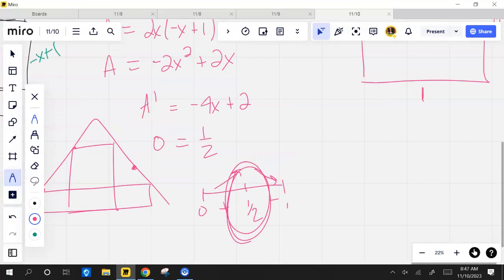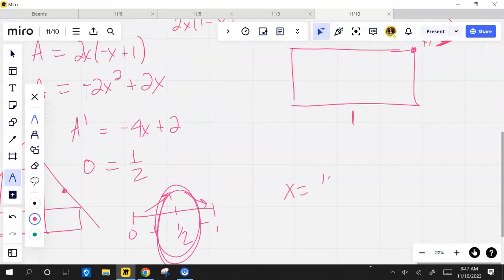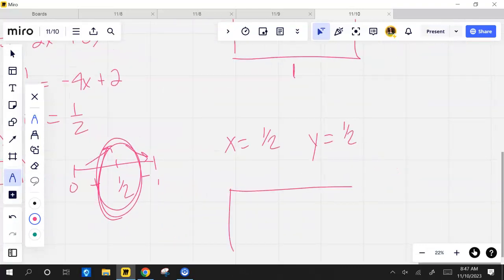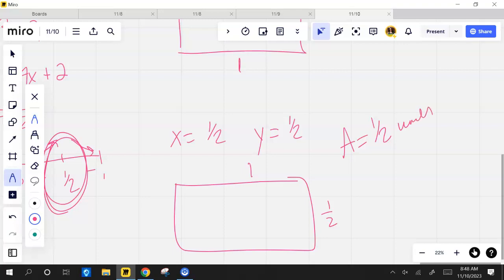Also 1/2. So what are the dimensions of my rectangle? Well, that would be 1 by 1/2, yes? And what's that area? 1/2. Largest area, 1/2, whatever my units. Dimensions are 1 by 1/2.